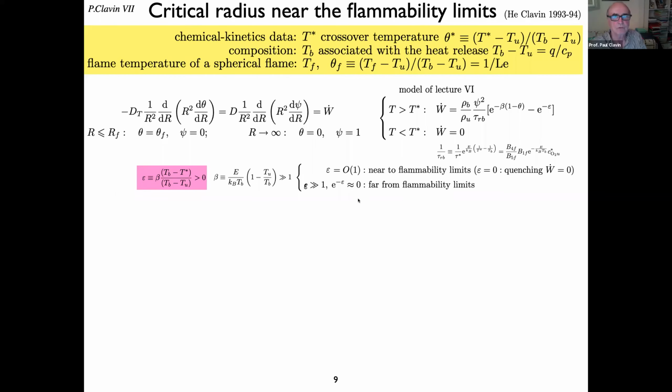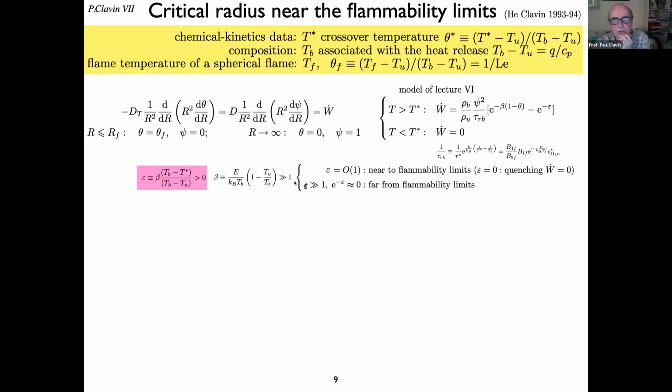You know, this small parameter is defined here as the difference of the adiabatic flame temperature minus the crossover temperature, amplified by the reduced activation energy, which is a large number.